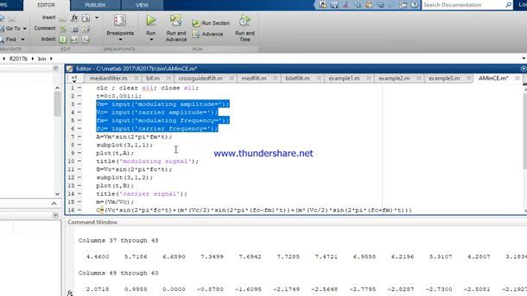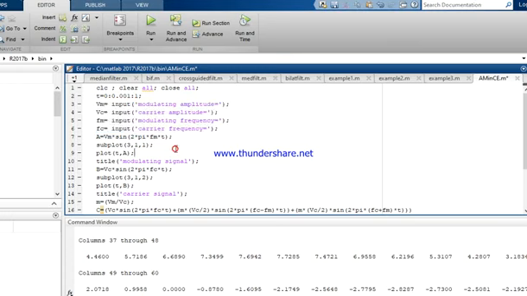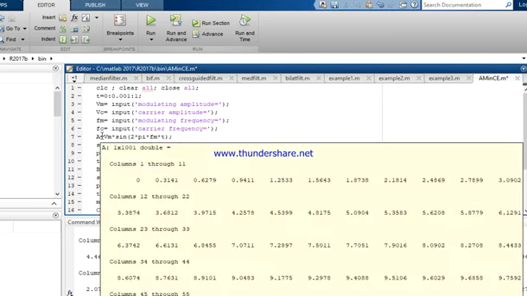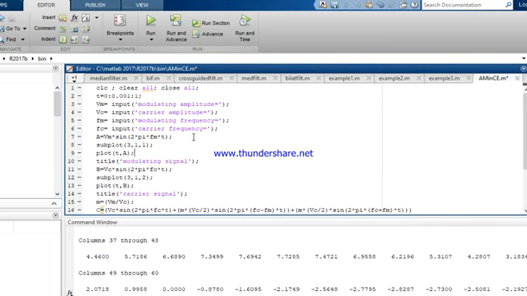Now we are putting one formula here for capital A. Capital A is one input, equal to one value, that is Vm into sine of 2 star pi star Fm star t. You can put the pi value as the final value, or you can put pi also.